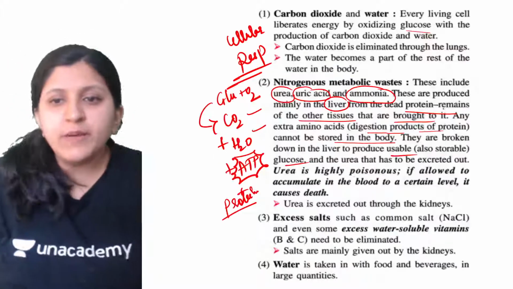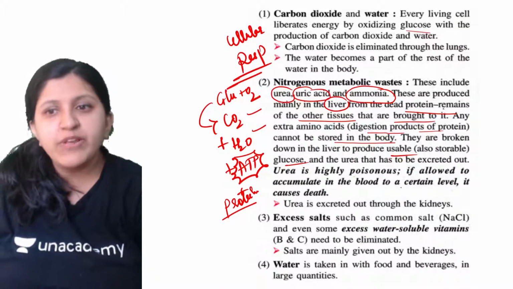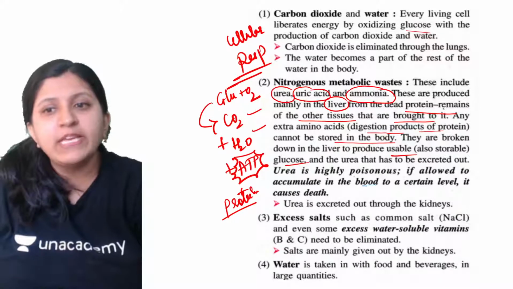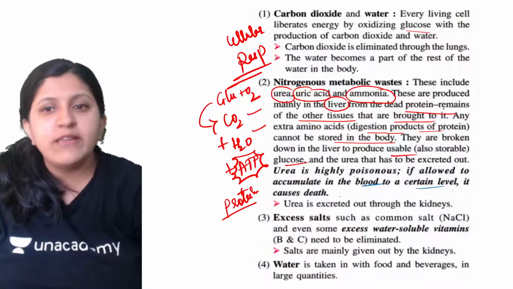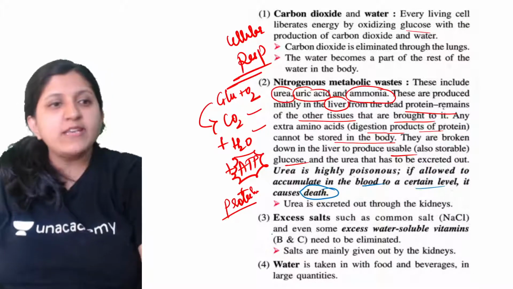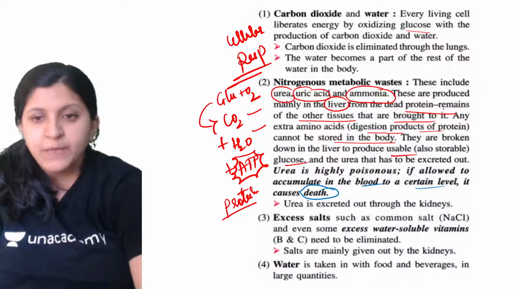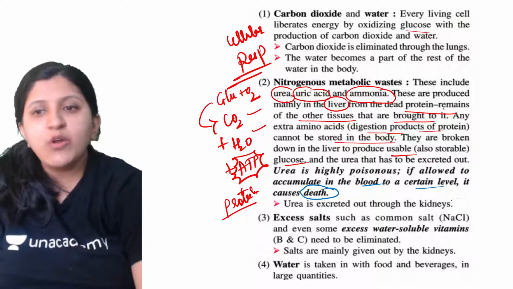Next, urea is highly poisonous. If allowed to accumulate in the blood to a certain level, it can lead to death as well. That is why we need to get rid of urea. Urea is excreted out through the kidneys.